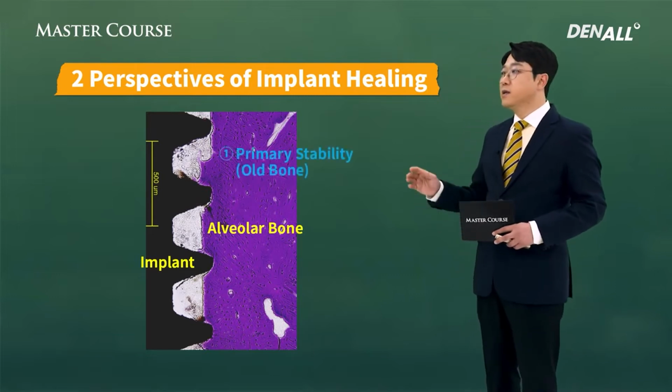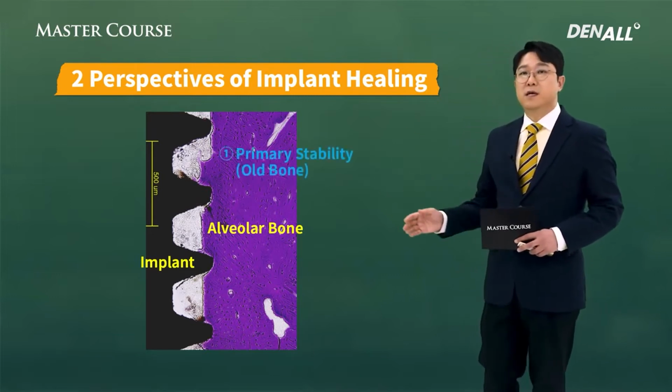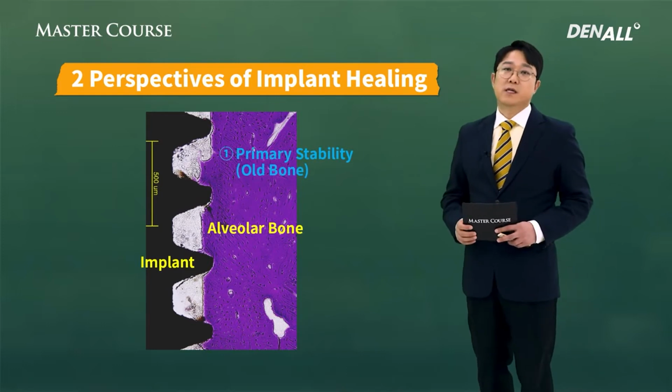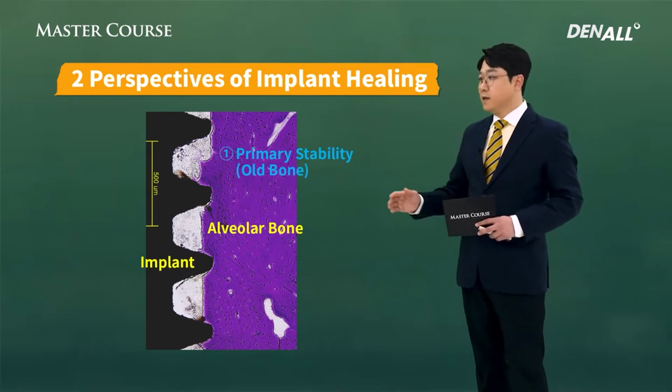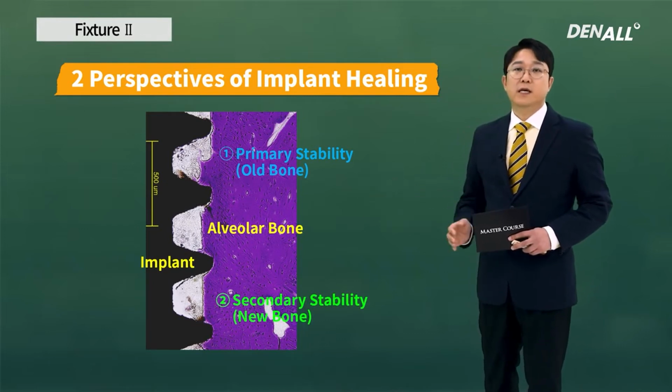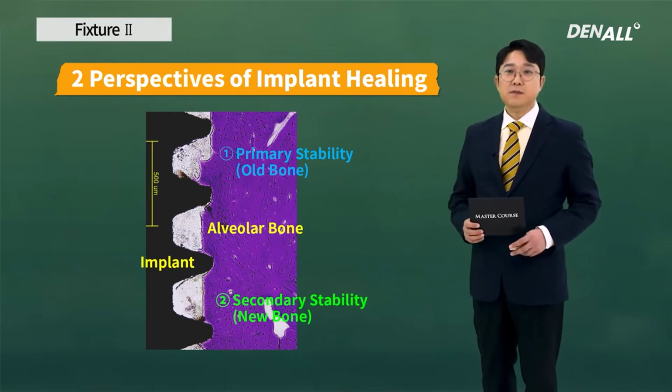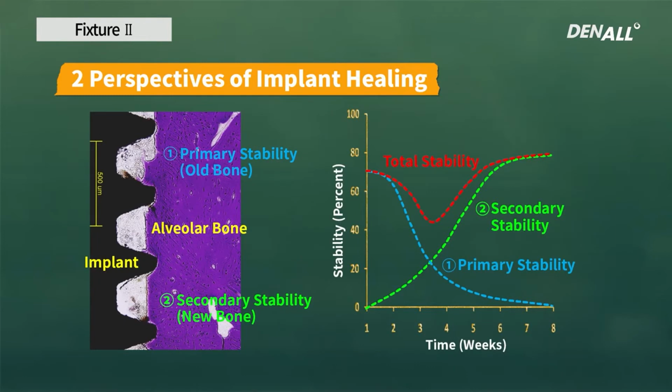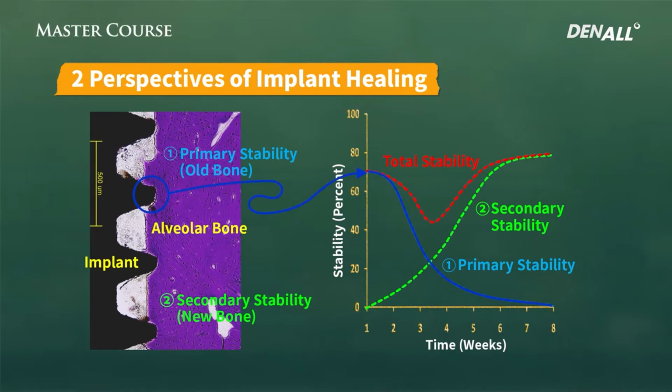The first one is the primary stability of an implant. The second one is the secondary stability, which is the osseointegration. The primary stability: after a drill hole is made in bone, the implant is placed. It describes how the implant is fixated on bone. The primary stability decreases over time.